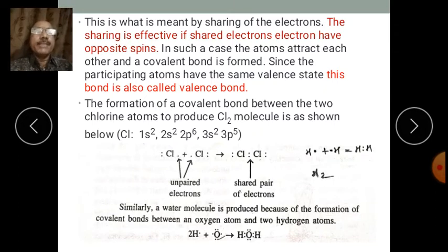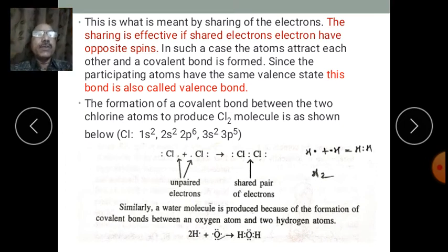Since the participating atoms have the same valence state, this bond is also called a valence bond, isn't it? So the covalent bond is also called a valence bond.